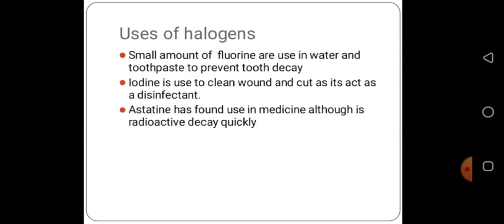Iodine is used to clean wounds and cuts, and acts as a disinfectant. Astatine has found use in medicine, although it is radioactive. So astatine is used in medicine.